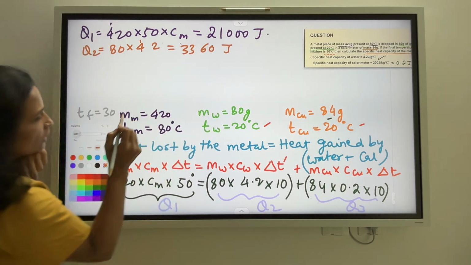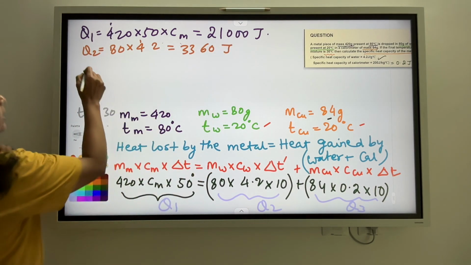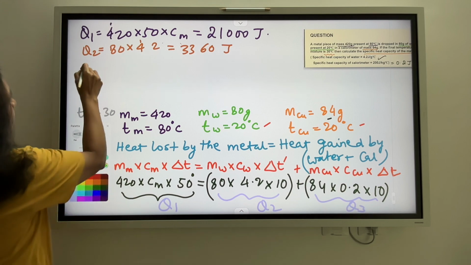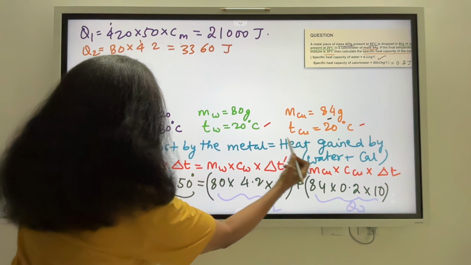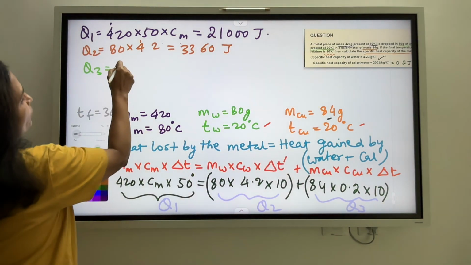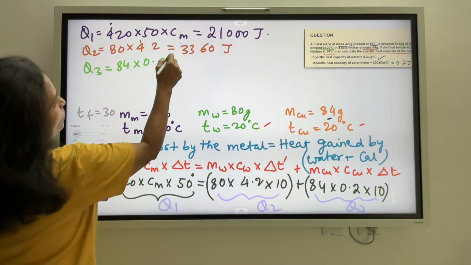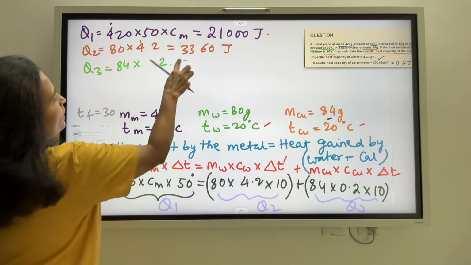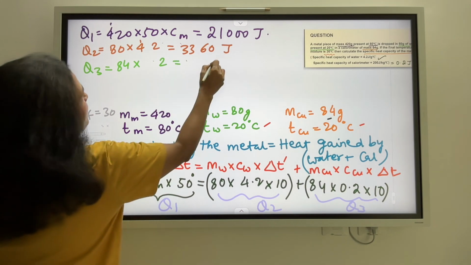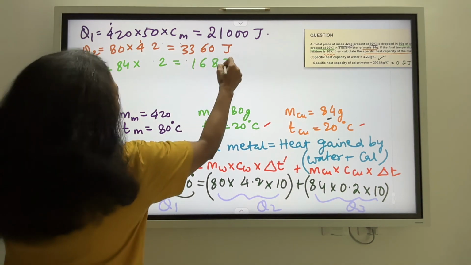So many joules. Now what else do I have? I have a Q3 which is for the copper calorimeter. So 84 into 0.2 into 10. Now 0.2 into 10 is a 2. So what do I have here? 4 2s are 8, 8 2s are 16 joules.